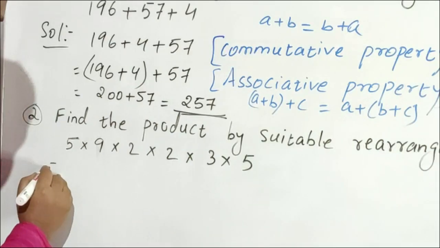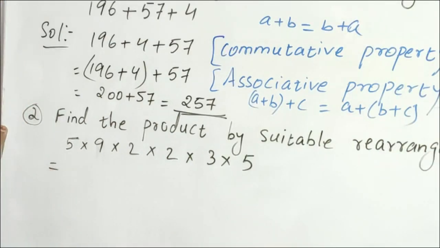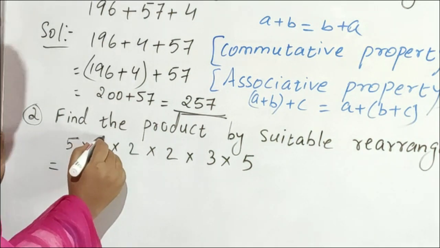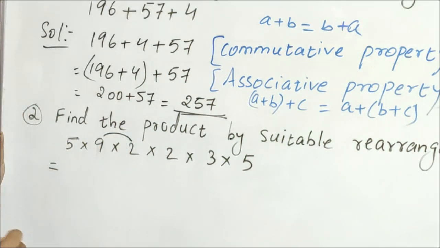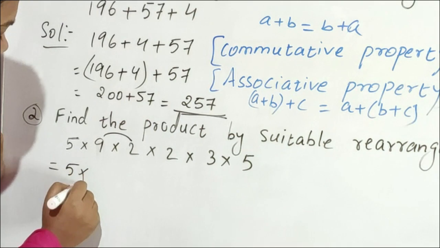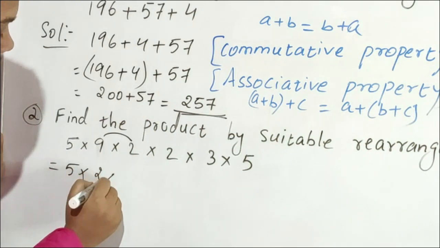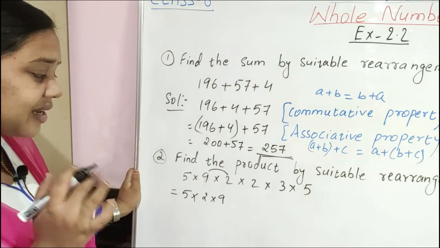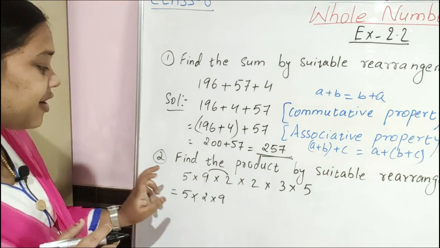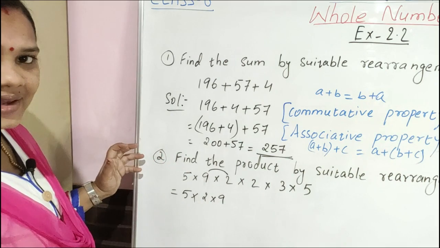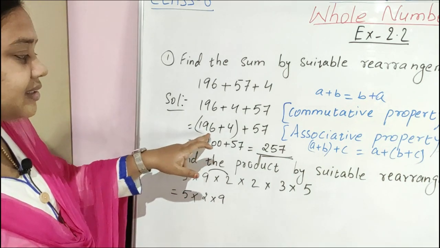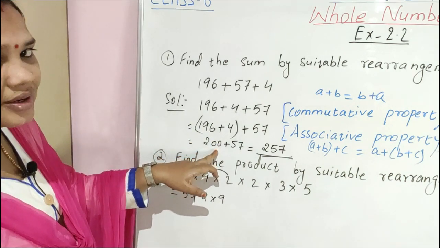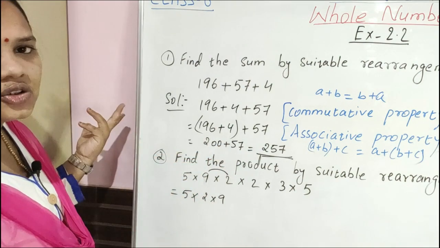See children, once again we can exchange these two: 5 into 9 into 2. Can I write 2 into 9? There is no problem. What is our motto? 5 into 2 is 10, which we can get easily. Here also 196 plus 4 is 200, and then we add 57.